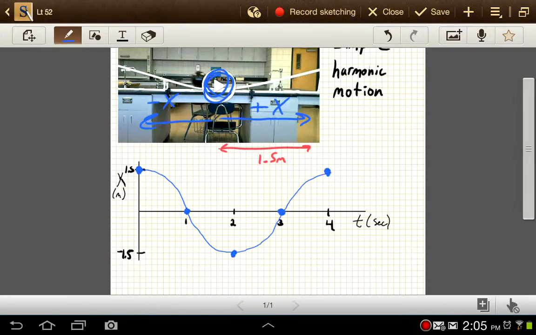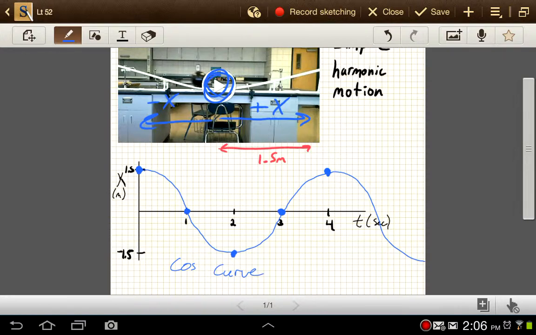And hopefully you recognize this curve. You've seen something like this before. This is a cosine curve. And if I let time go by further, if we watched more of the video, we'd see that this just repeats after this. And it keeps going on like that.